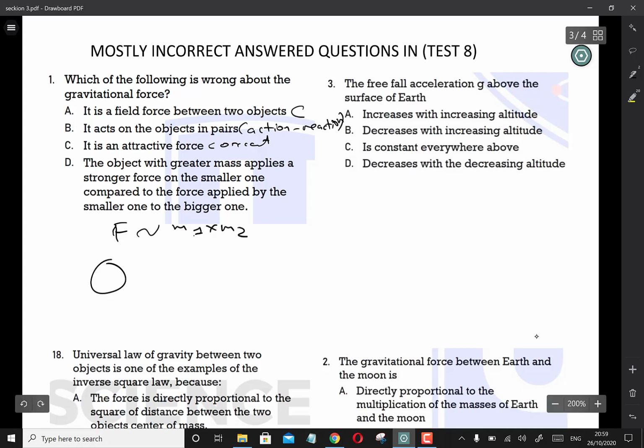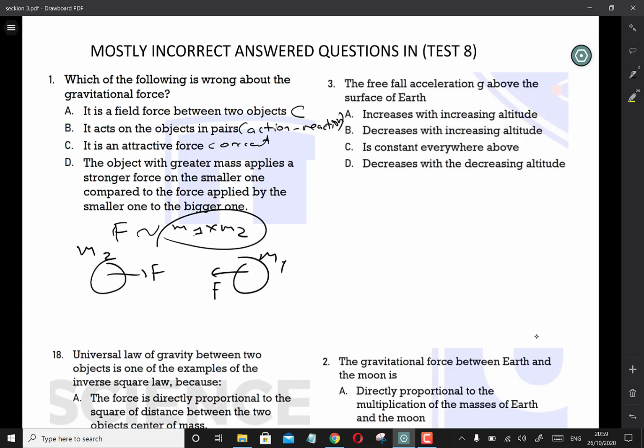These two objects interact with each other with the force F. This force is equal in magnitude, directly proportional to the multiplication of masses, and also action-reaction pairs. So they cannot be different. Their magnitudes will be equal. This is incorrect. So it doesn't mean that Earth attracts Moon with a greater force, but Moon attracts Earth with a smaller force. No, they attract each other with equal magnitude of force.